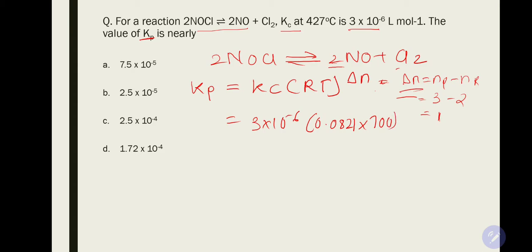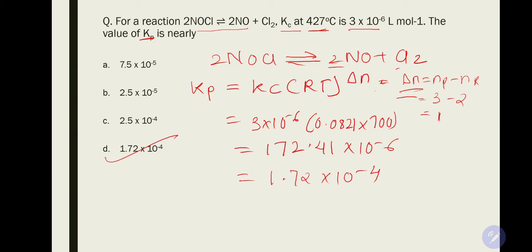It is 427 degrees Celsius, so you have to convert this into Kelvin, which is 700 K. It becomes 172.41 into 10 raised to minus 6, which is 1.72 into 10 raised to minus 4. That is your correct answer. Clear? Okay, now let's move to the next question.